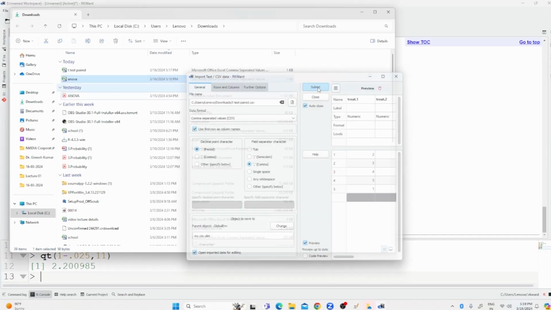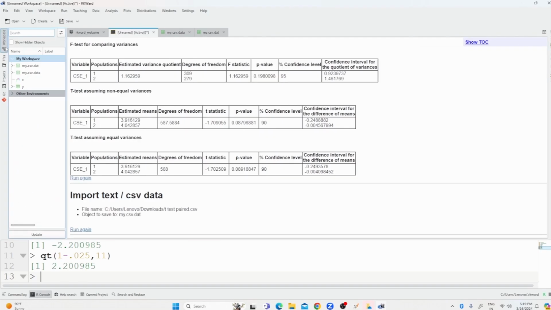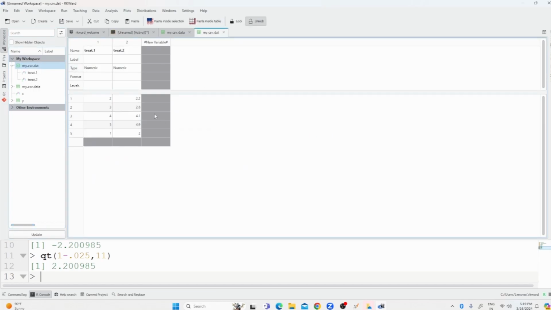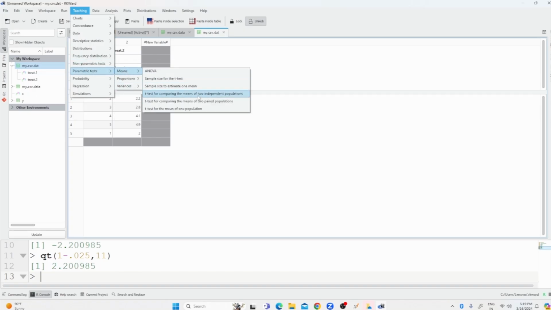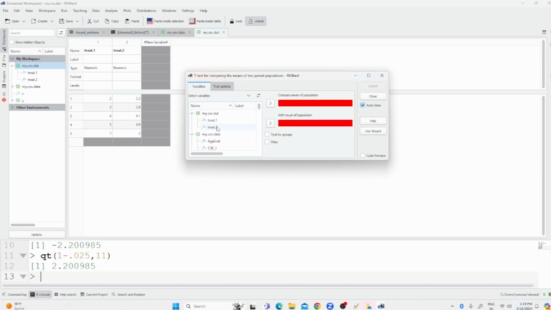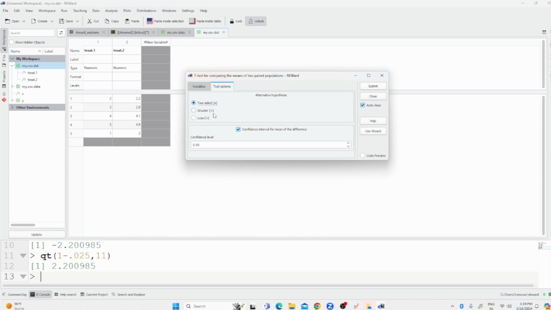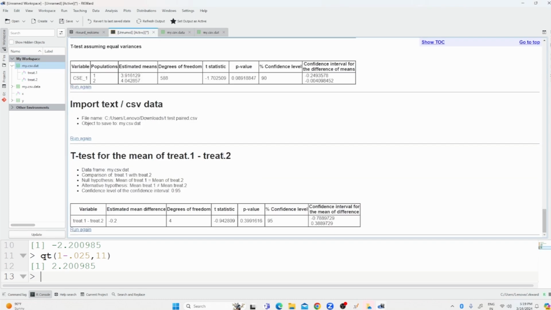Now, this will be created in a separate tab. See here, workspace, mycsv.dat, .dat is the file, okay. Now, here we go for parametric test, we go for means and we go for paired population, compare treatment 1 with treatment 2 and let us say they are equal, or whatever it is, okay.